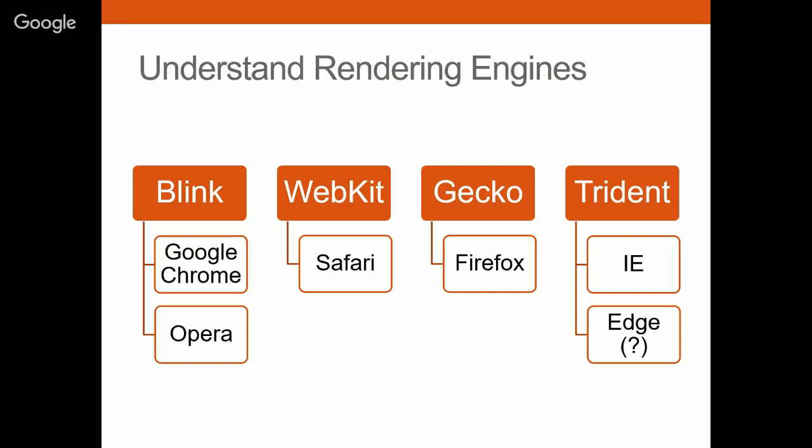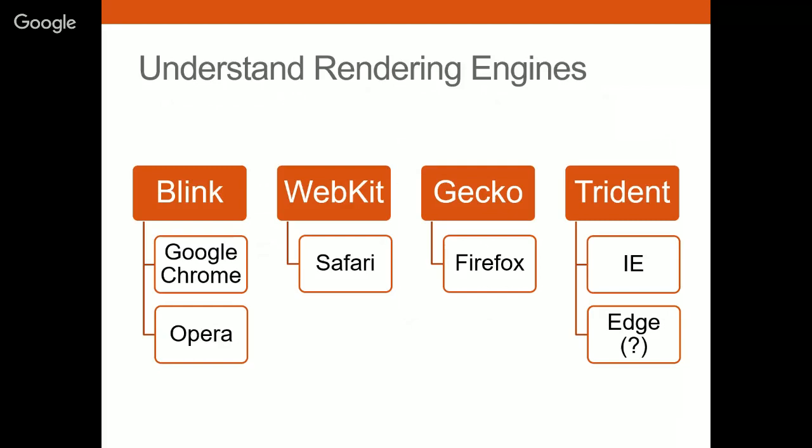Let's look at the slide here for a second. We can see there are 4 main rendering engines listed here. They are Blink, which is used in Google Chrome and Opera. There is WebKit, which is currently used in Safari for Mac. There is the Gecko engine, which is used in Firefox. And Firefox uses the same rendering engine for different platforms, for example.